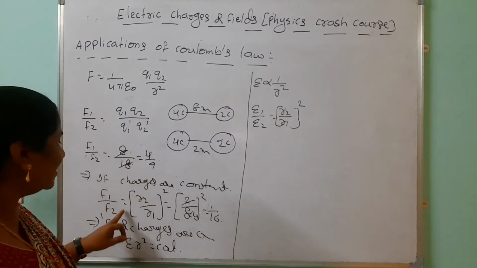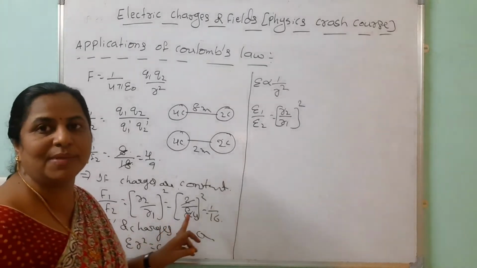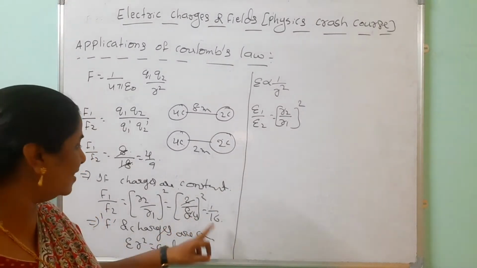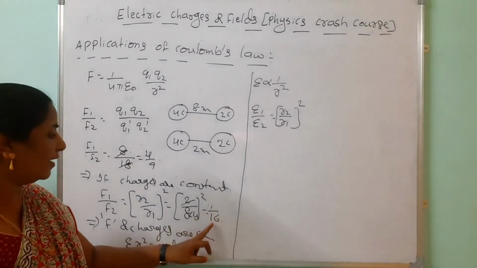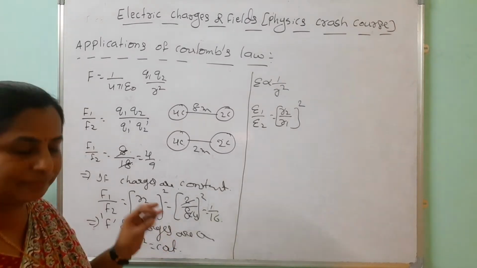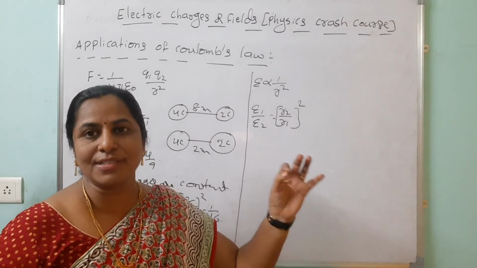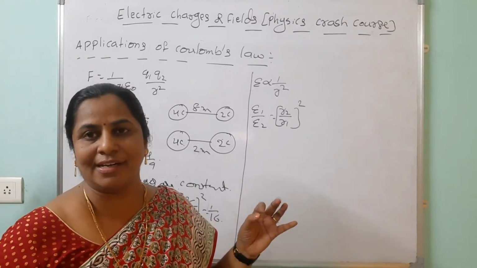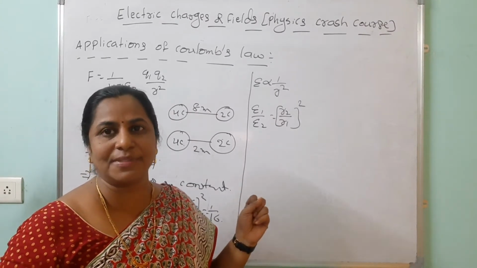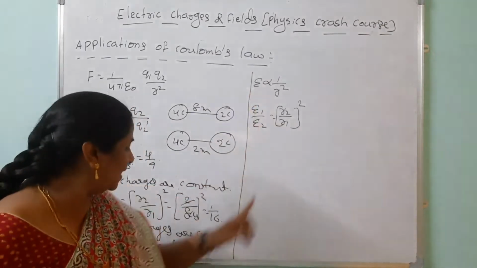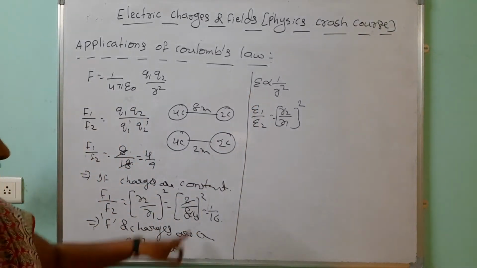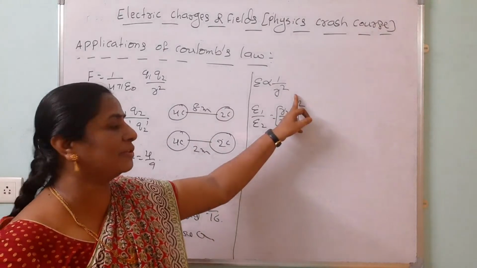F1 by F2 equals, since force is inversely proportional to R square, R2 by R1 whole square. After simplification, the answer is 1 by 16. Not only this, these forces are affected by the medium also. If forces and charges are constant, then what is the relation between epsilon and R square? Epsilon R square equals constant. So epsilon is inversely proportional to R square.